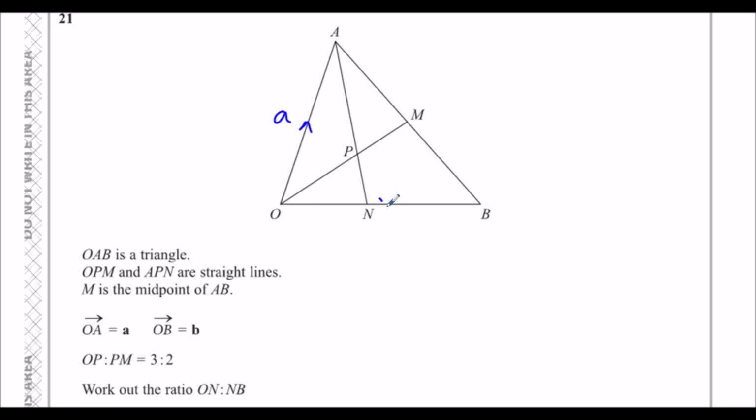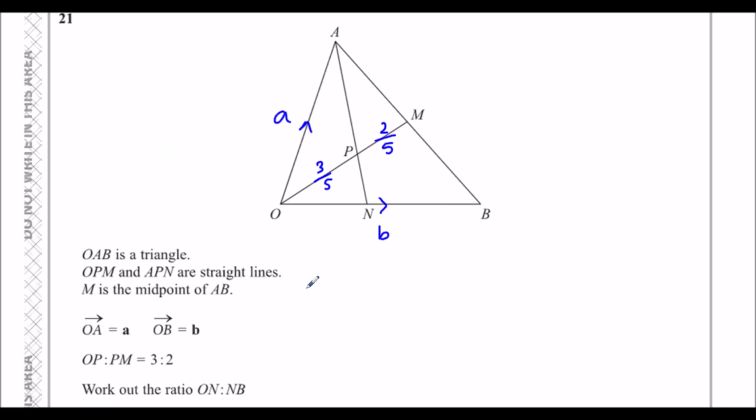O to B is called b. O to P is 3 parts. P to M is 2 parts. So we'll call it 3/5 and 2/5. Work out the ratio O to N to B.